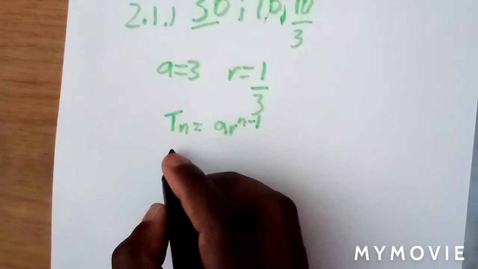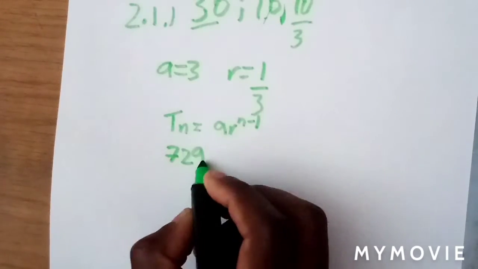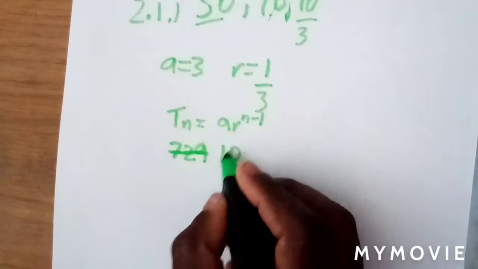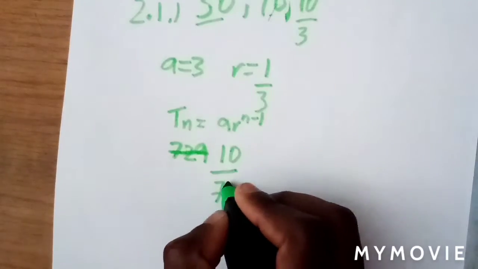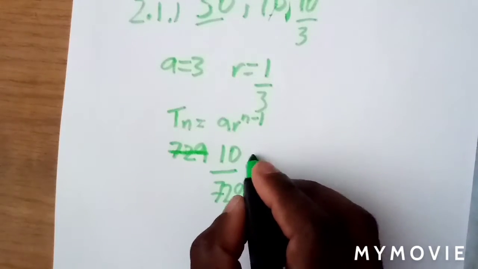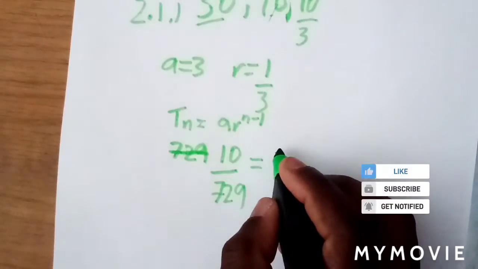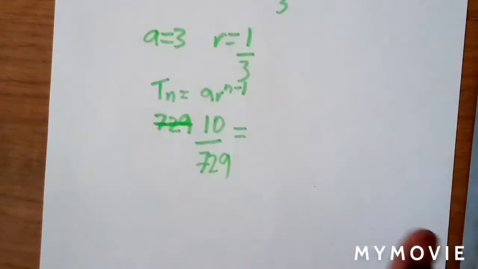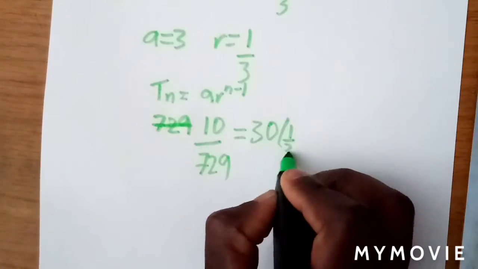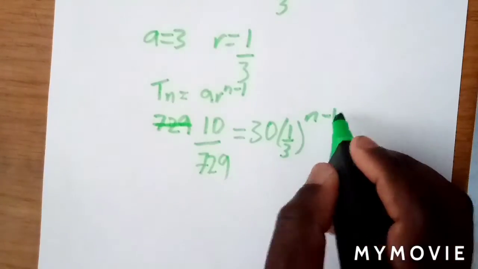You are given Tn, which is equal to 10 divided by 729. The next step, you know that your a is 30, your r is 1 over 3 to the power n minus 1.